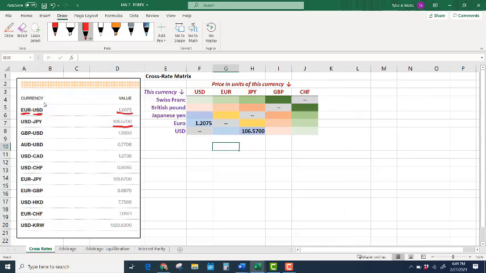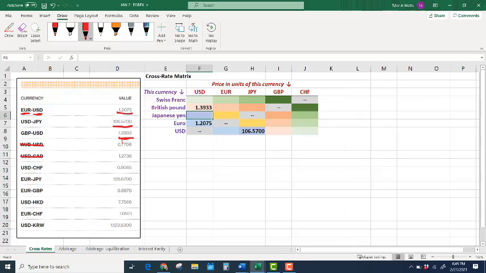Okay, what else do we have here? Great Britain pound in terms of US dollars. 1 pound costs $1.39. British pound costs 1.3933. We don't have Australian dollar on here, so we can forget about that.